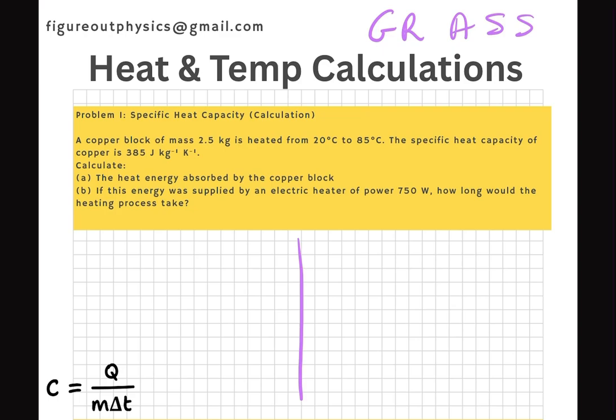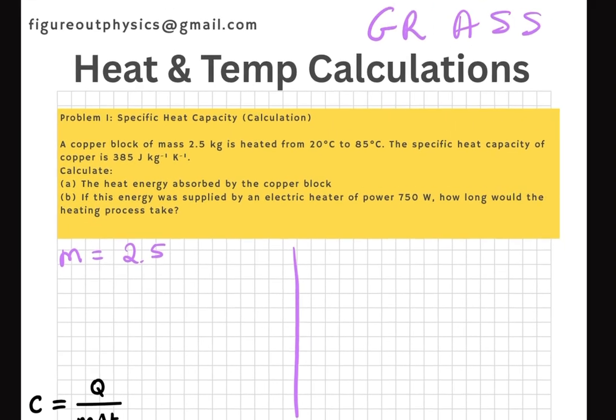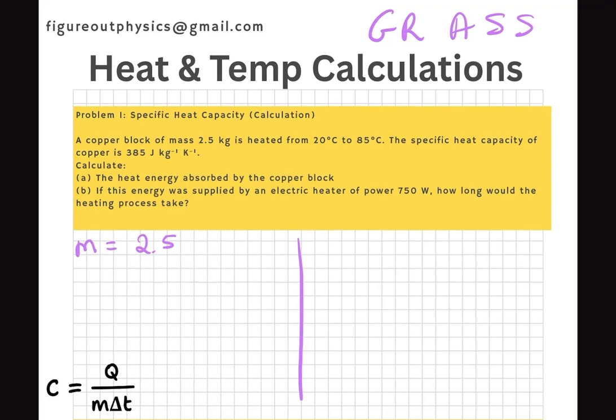A copper block of mass 2.5 kilograms. So mass m is 2.5, and that unit is correct, that's good. Is heated from 20 degrees to 85 degrees. So they're giving us a change in temperature, a delta theta.